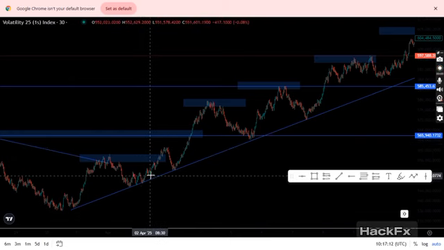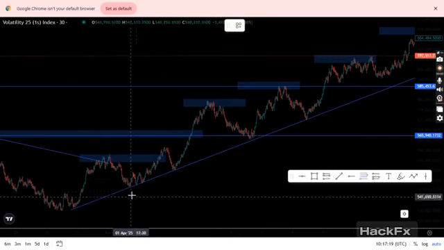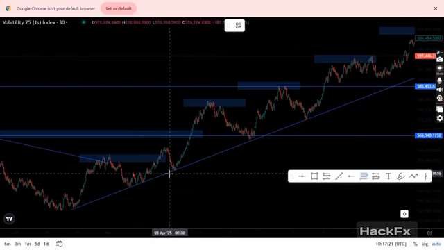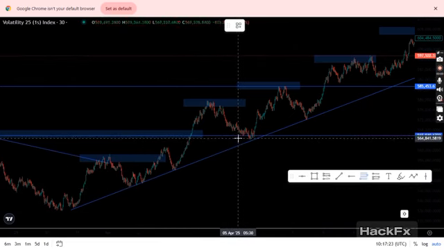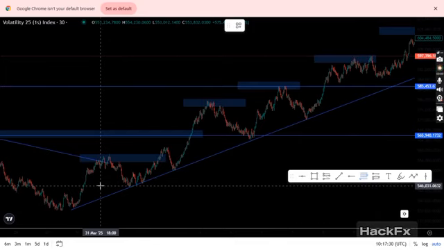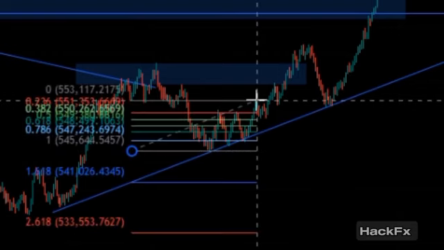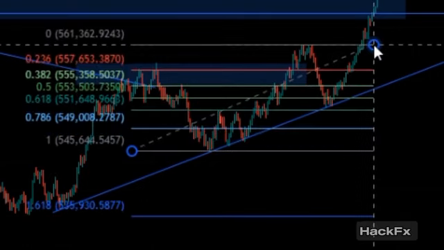Now we use our Fibonacci retracement tool. How we use it is that we bring this tool to the previous low. Let's start from here. This was the low. For a bullish trend, we put 100 on the low, the support area, and put 0 on the resistance area.